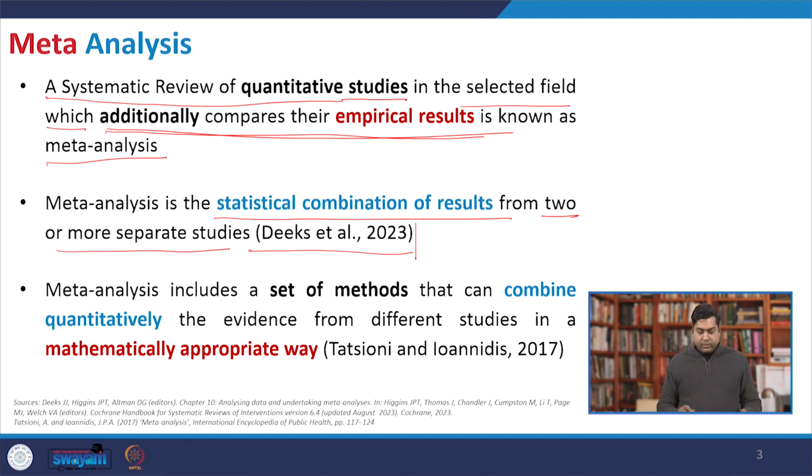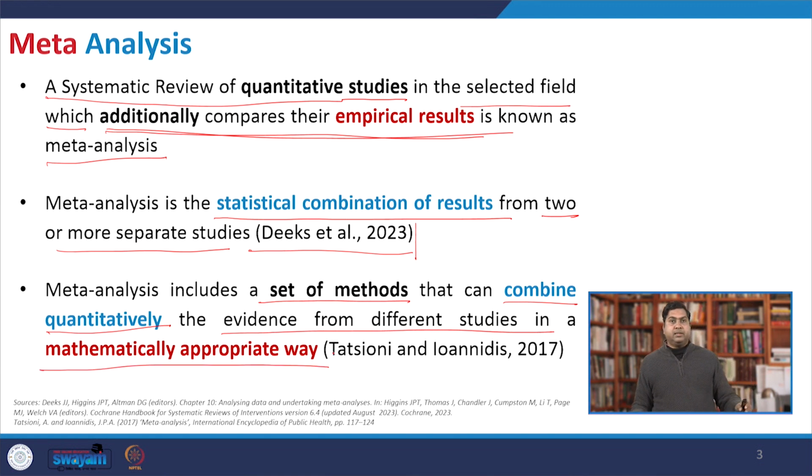Meta analysis includes a set of methods that can combine quantitatively the evidence from different studies in a mathematically appropriate way. Say a study is trying to understand child education and parents' income.